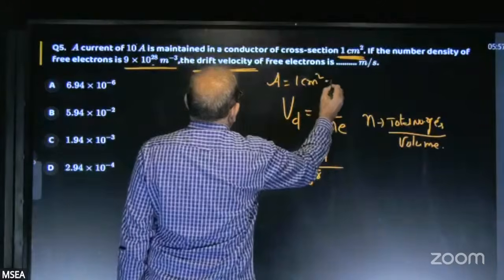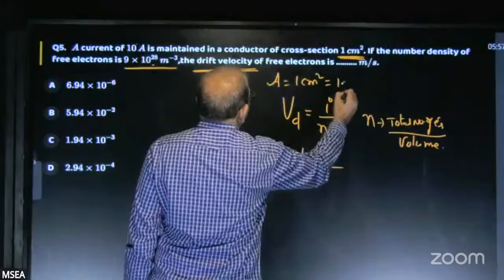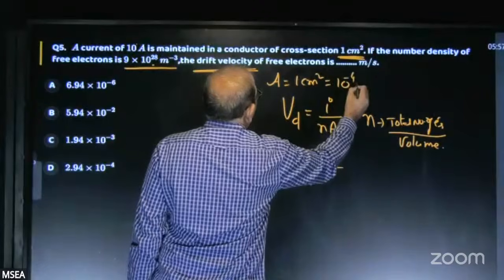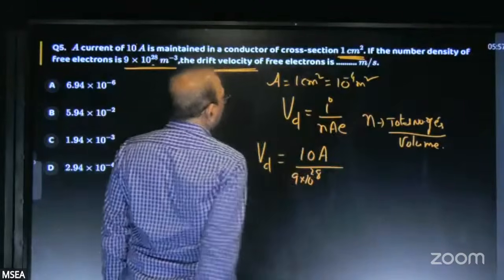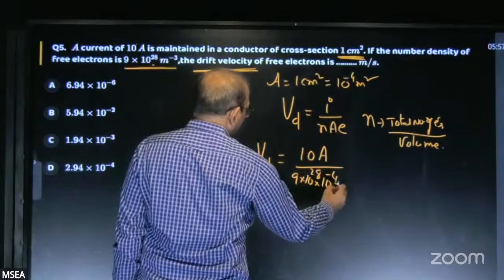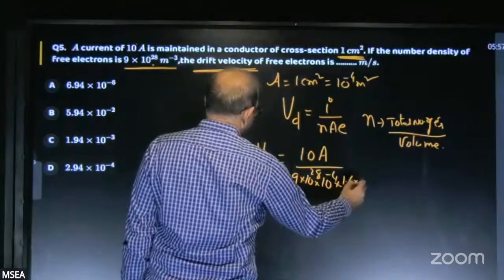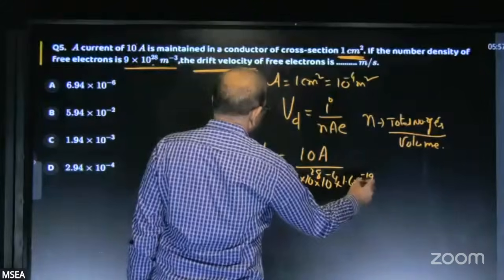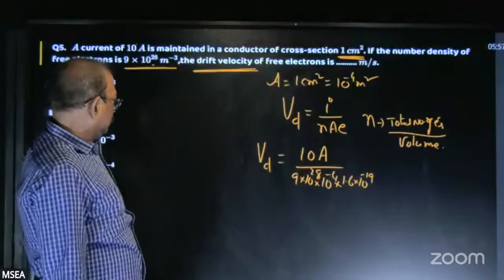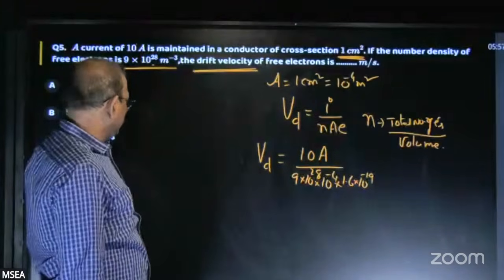This we need to convert into meter square. How much? 10 power minus 4 meter square, into 1.6 into 10 power minus 19 coulomb electron charge. This will give you the answer.